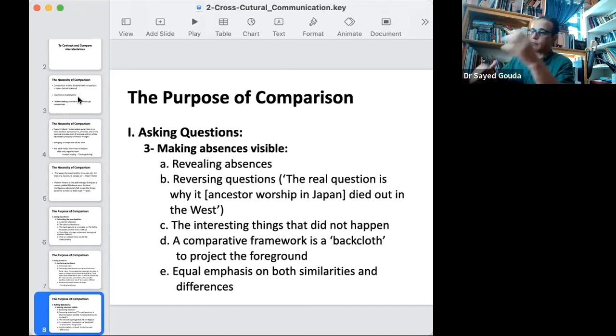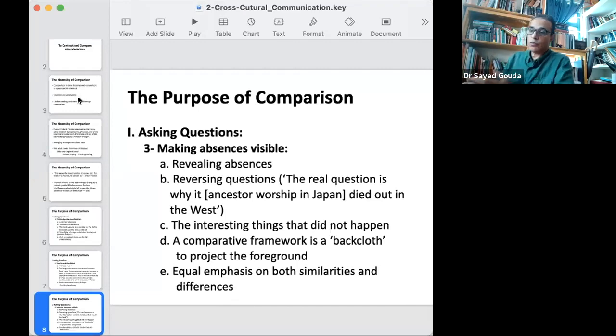So we use this comparative framework as a backcloth, as a background to project the foreground. What is the foreground here? The foreground here is our culture. It is then like you compare A to B or A with B. A is your culture, for example, your native culture, but you need a background of a foreign culture, okay, in order to project your own culture, in order to understand your own culture, not only understanding the foreign culture.